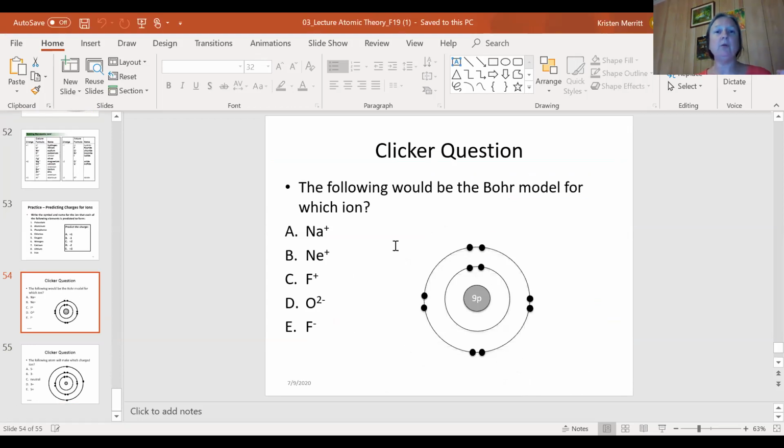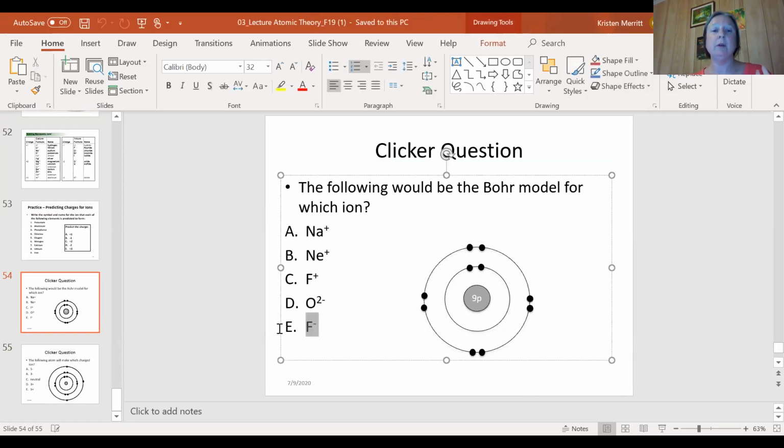Another way you can look at this, it's an ion. It has 9 protons. It has 10 total electrons, 8 valence, 2 inner shell. So it has 10 electrons, 9 protons, so it's going to have a -1 charge. And of course, that's the only one in our selection that has a -1 charge. So even if you didn't know this was fluorine, you would know that it has a -1 charge, and that's the only one here that has a -1. This one has a -2. So a couple of ways to answer this question.